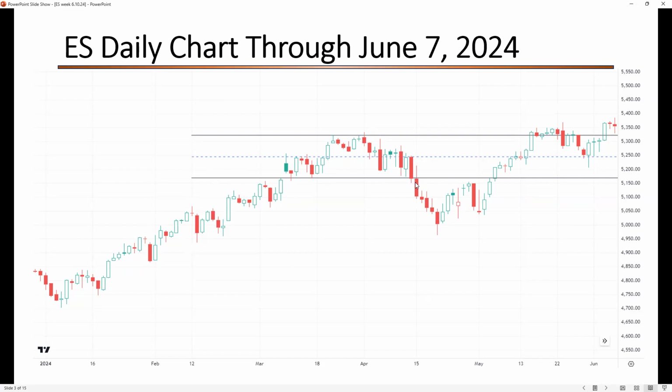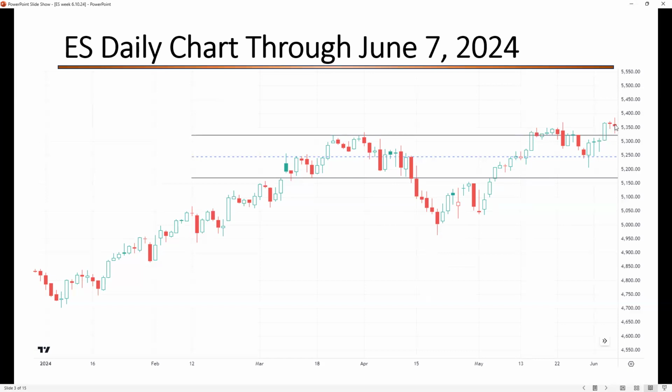Prices subsequently broke under the 5060 support area, but did find support in the 4950 to 60 zone. Then prices rotated back up and recaptured this range in May. And once that happened, prices moved back up to the top of this range.